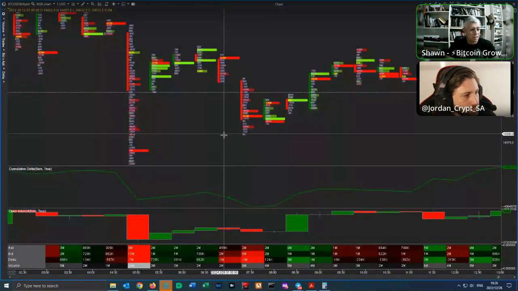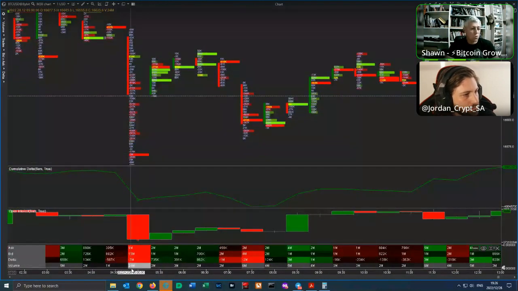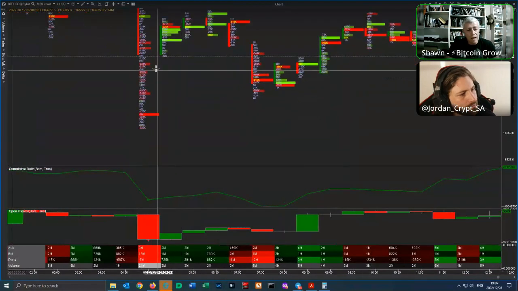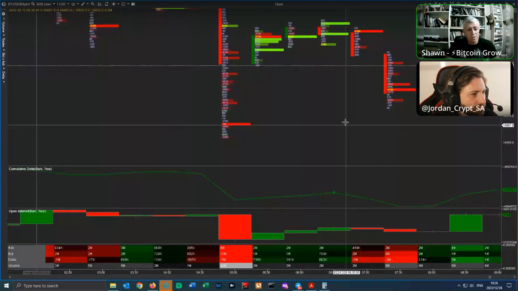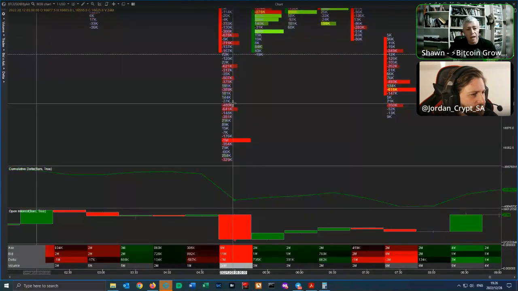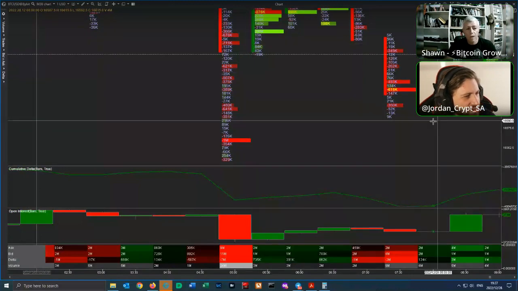Here I can see at this point 24 million BTC contracts in volume, and the delta was negative 7 million. So that was a move down there, and you can see massive sells right at the bottom of the candle as price moved up. But if it sells at the bottom of the candle, then how did the price come back up?